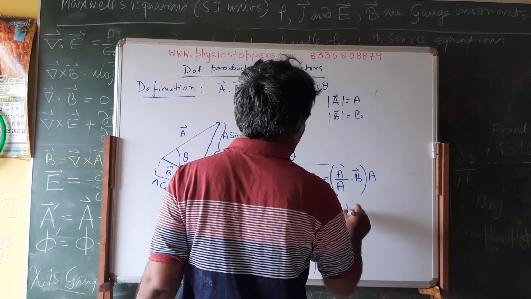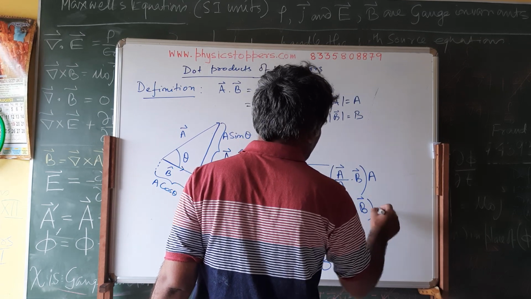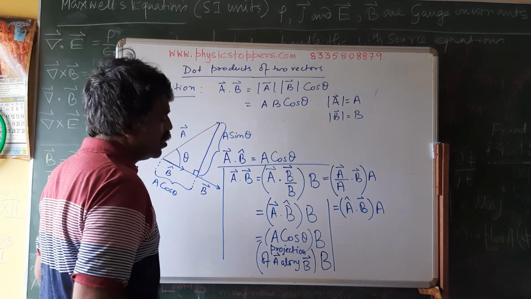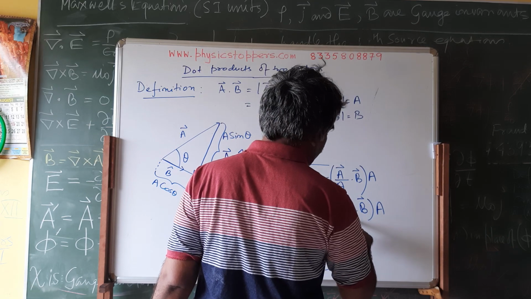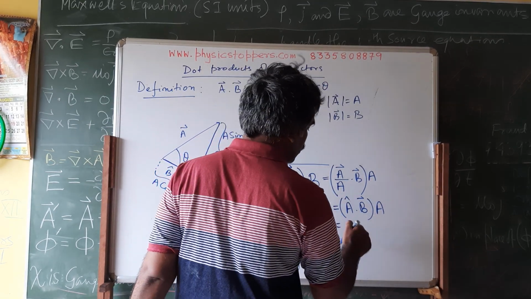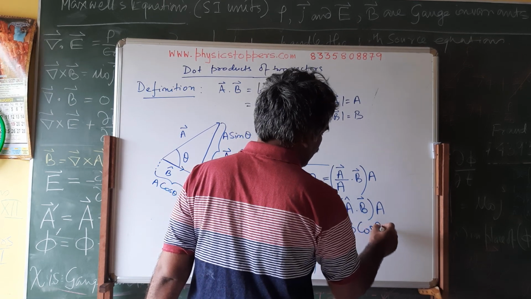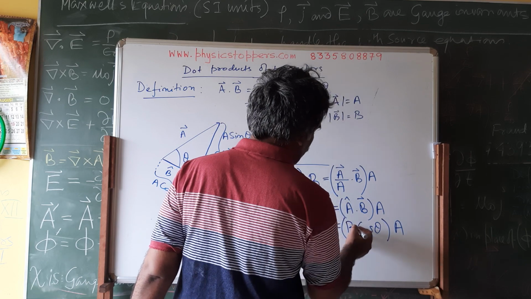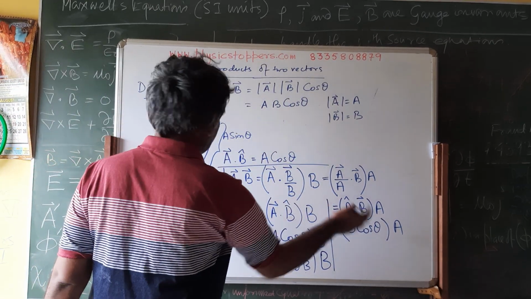This is equal to A cap dot B vector times A. Now the magnitude of A cap is 1, and the magnitude of B is B times the cosine of the angle between them, whole thing times A. So what is B cos theta?